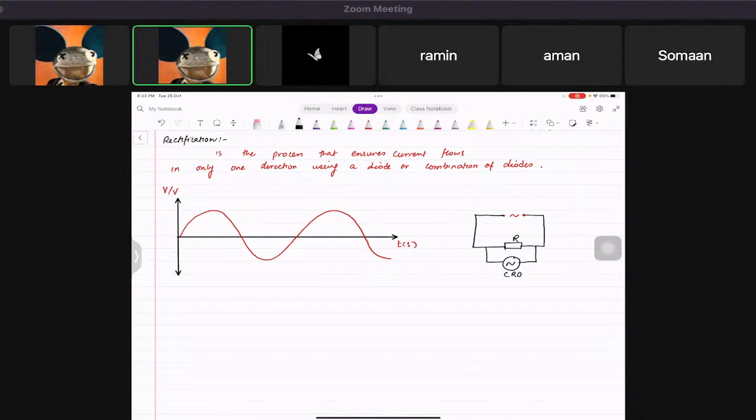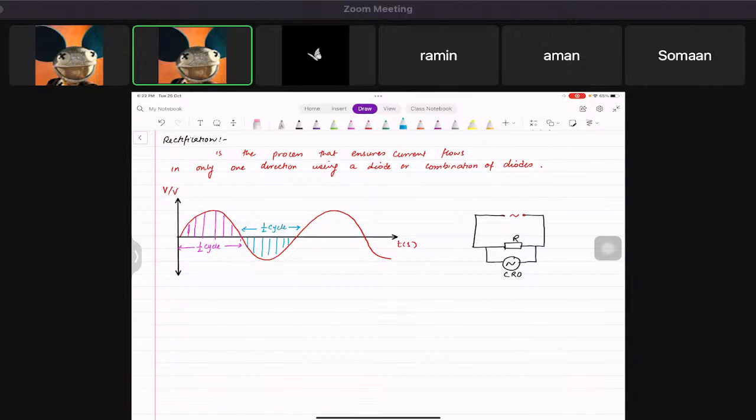The CRO is displaying this wave, which means this portion is the half cycle. Half cycle means this is till when it just goes up and down, and then this portion is the other half. So it changes the direction every half for a full wave, like that. And this is the first signal of AC.